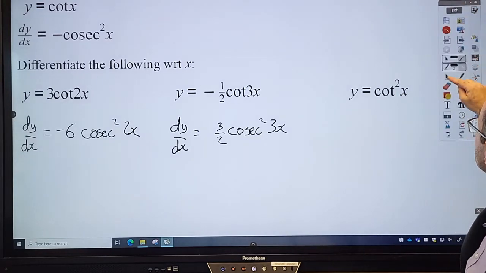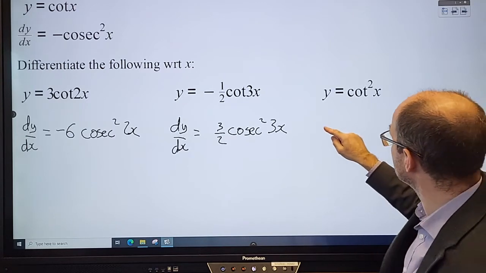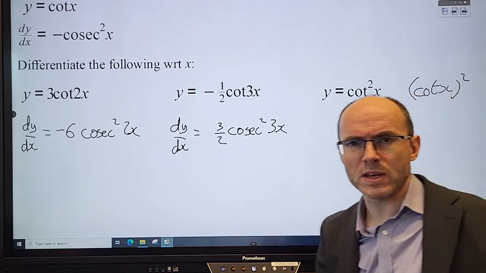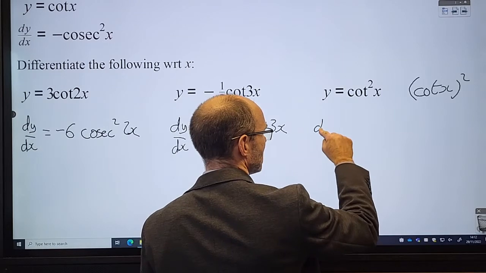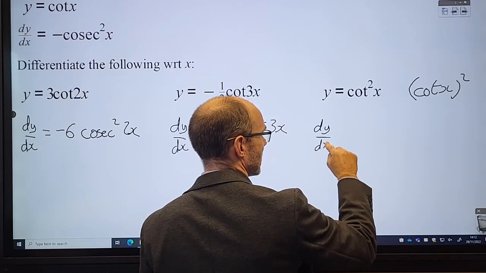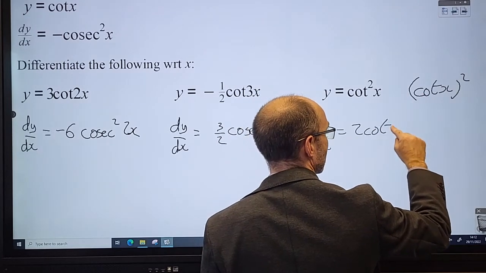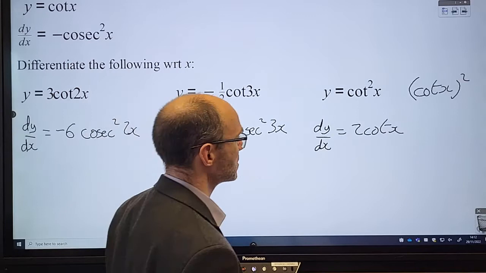Let's just move this up along a little bit, shall we? Right, so being the same way I did before, I'm just going to write it as cot x to the power of 2. So when we differentiate that, we're going to get, bring the power down, 2 cot x to the power of 1, then differentiate cot x, we get negative cosec squared x.